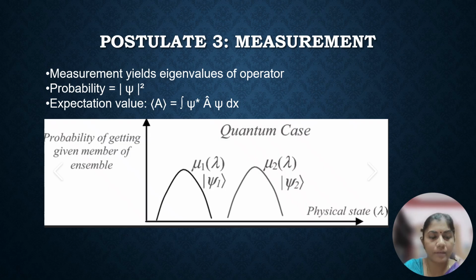For example, if psi is expanded in terms of eigenfunctions of momentum, the probability of measuring a certain momentum is mod psi square. The average or expectation value of an observable A is given by the expectation of A equal to the integral of psi star A psi dx.